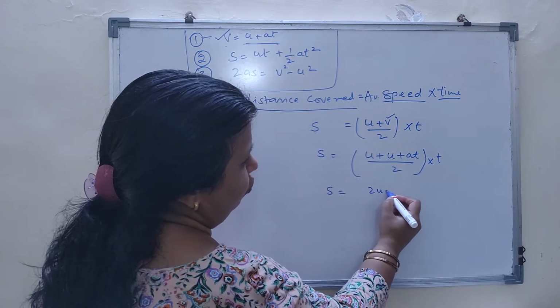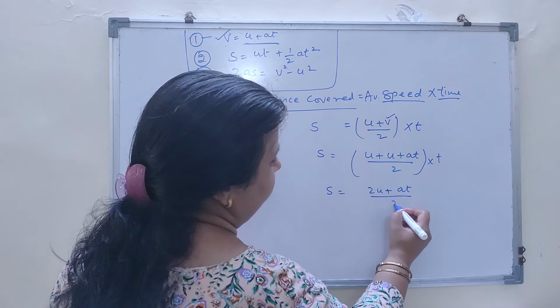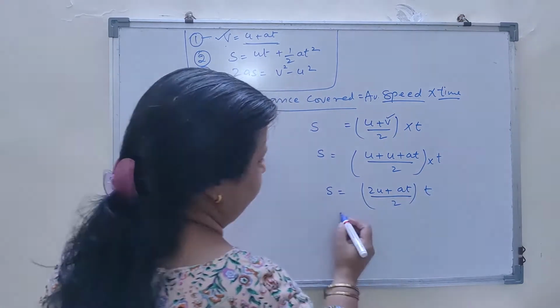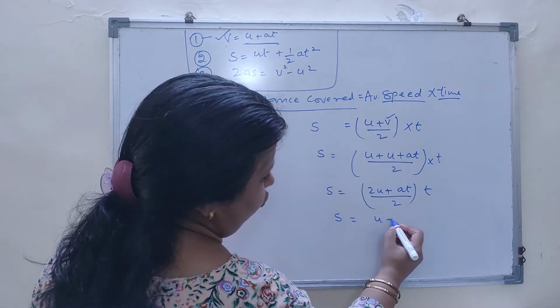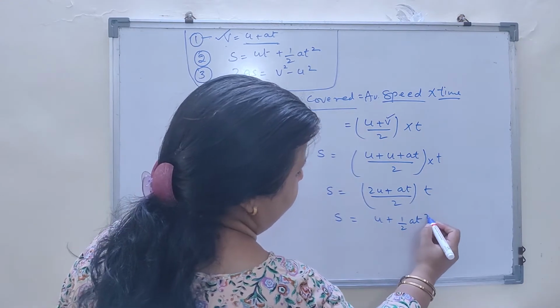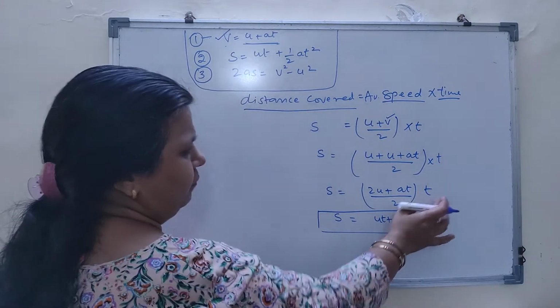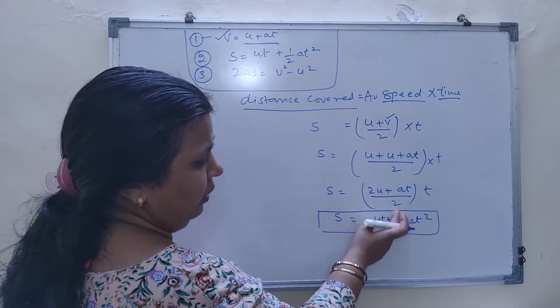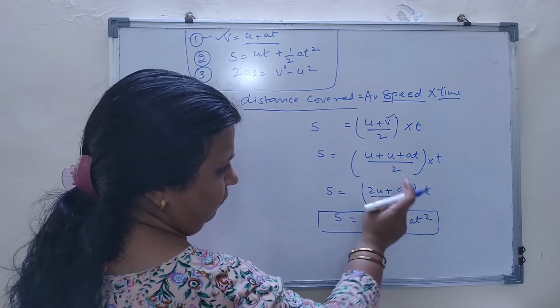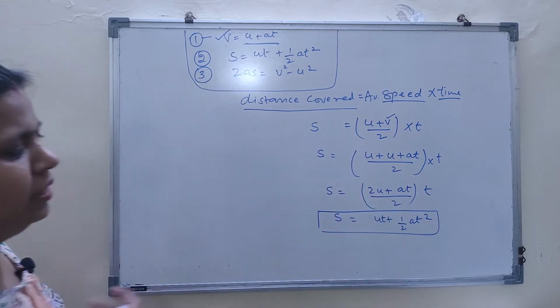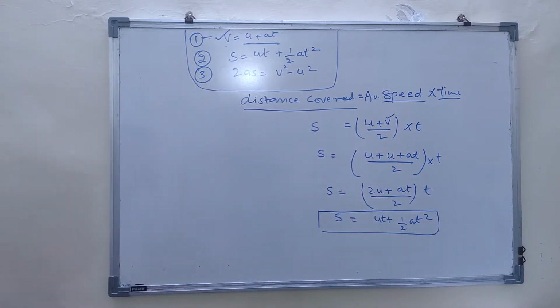This is (2u + at)/2 into time. So s = ut + ½at². This is my second equation. I have multiplied t with u, this is ut, 2 by 2 is 1, and then multiply this, it is ½at². This is the derivation for the second equation of motion.